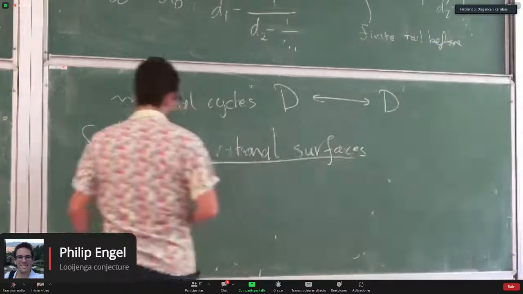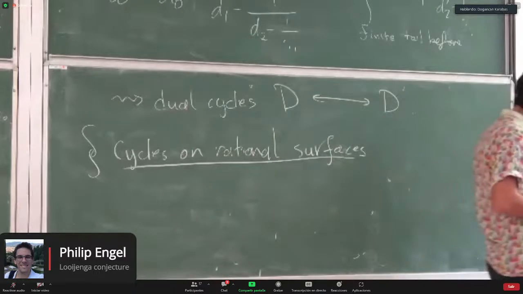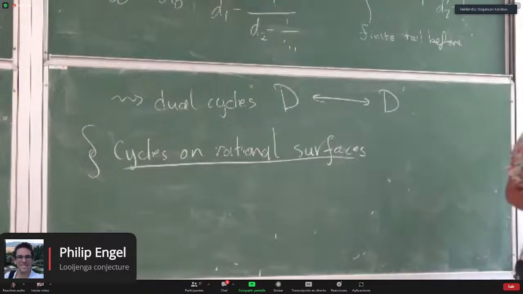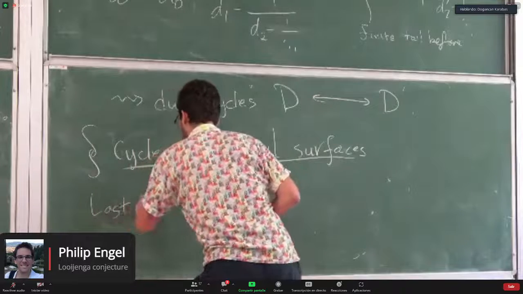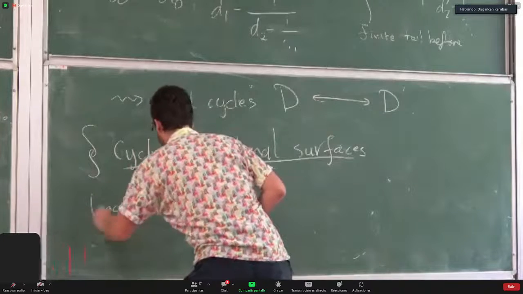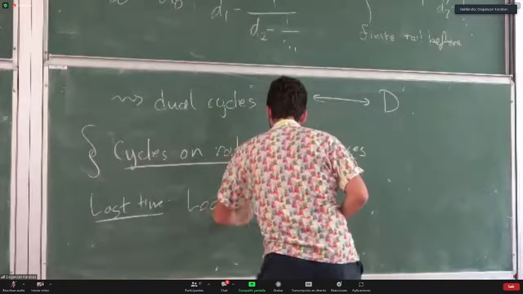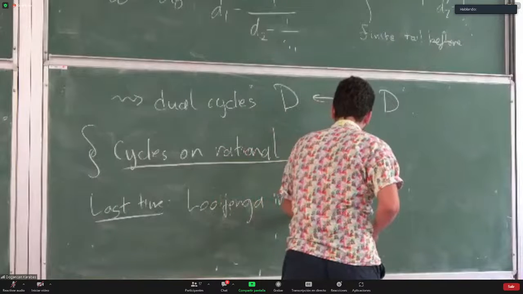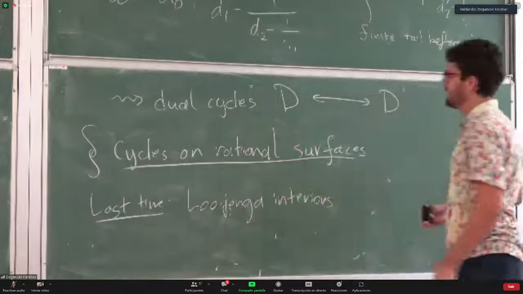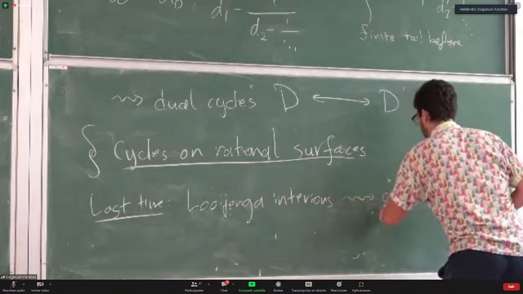Okay, so cycles on rational surfaces. This is what relates to the previous talk. In the last couple talks, we saw a discussion of these Looijenga interiors. So how did we get these Looijenga interiors?